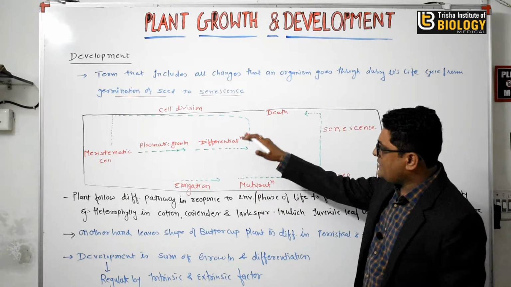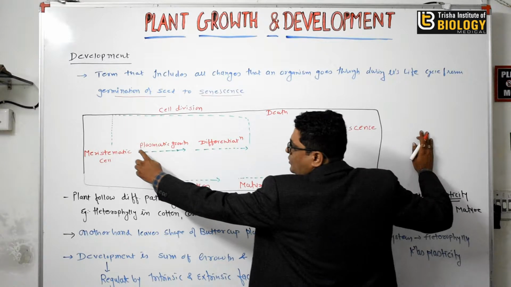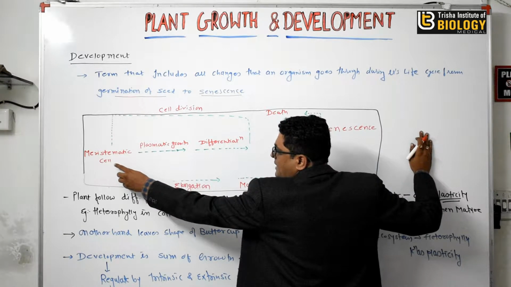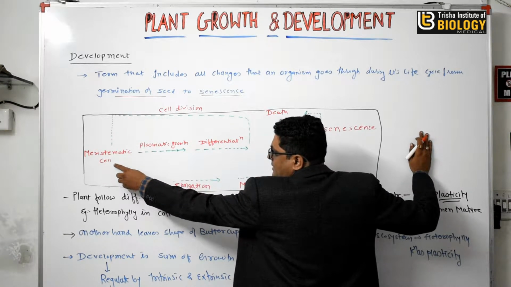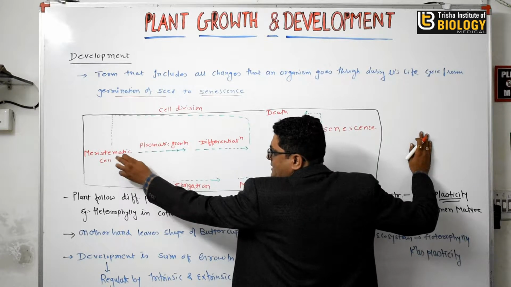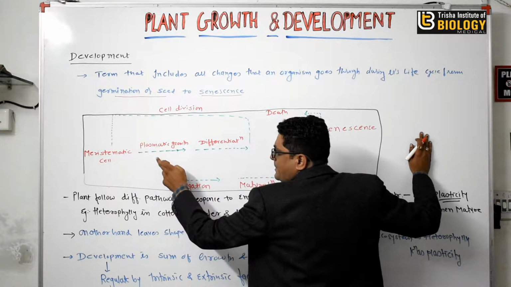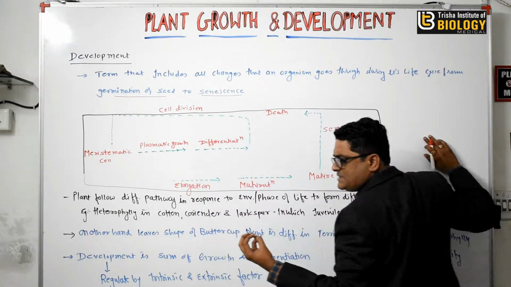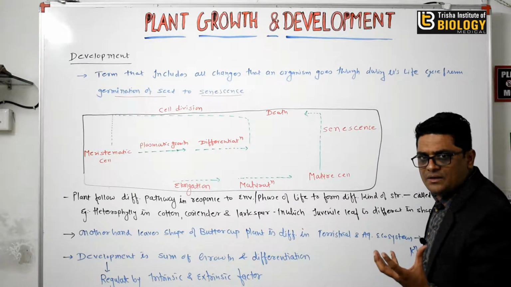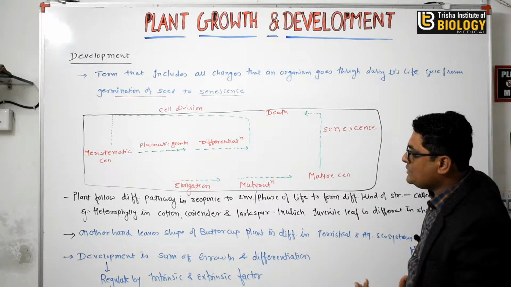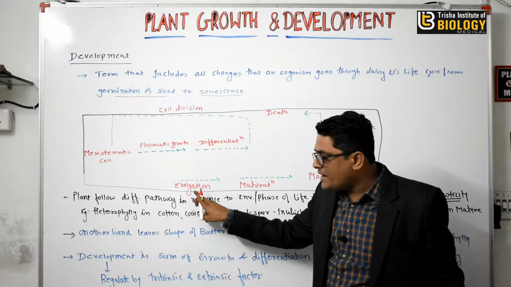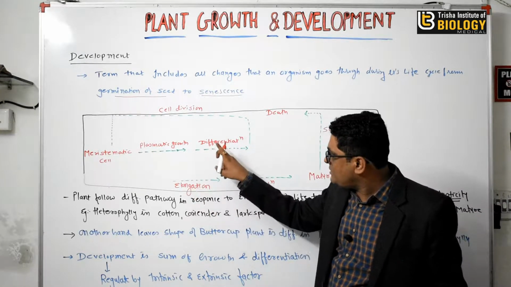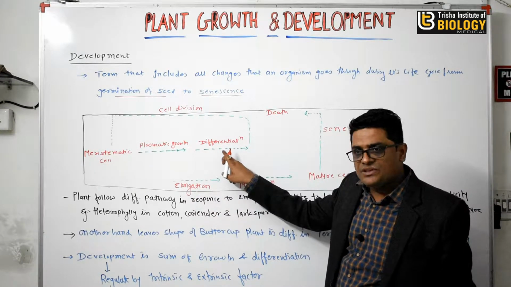Look at this figure. We all know that initially the apical meristems possess meristematic cells. These meristematic cells show plasmatic growth, which means an increase in the size of the cell, that is, cytoplasmic growth. The cell gets elongated. After elongation, it undergoes differentiation.